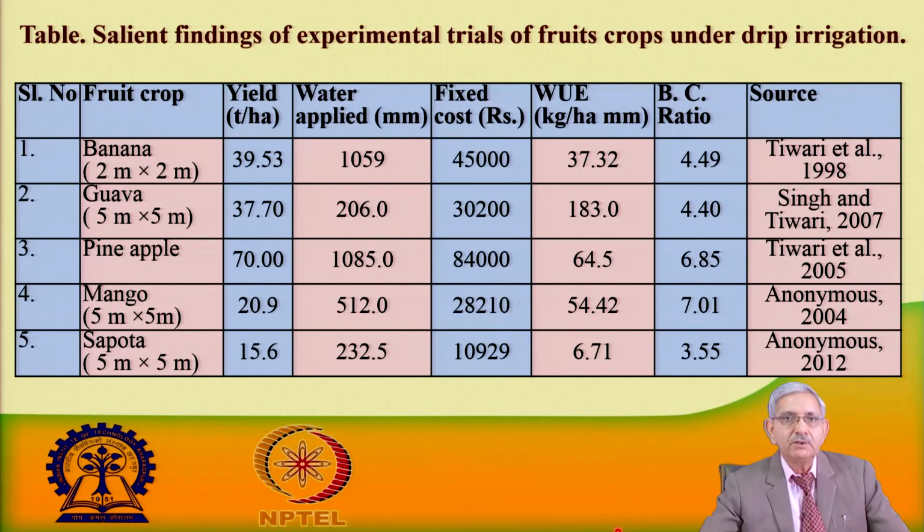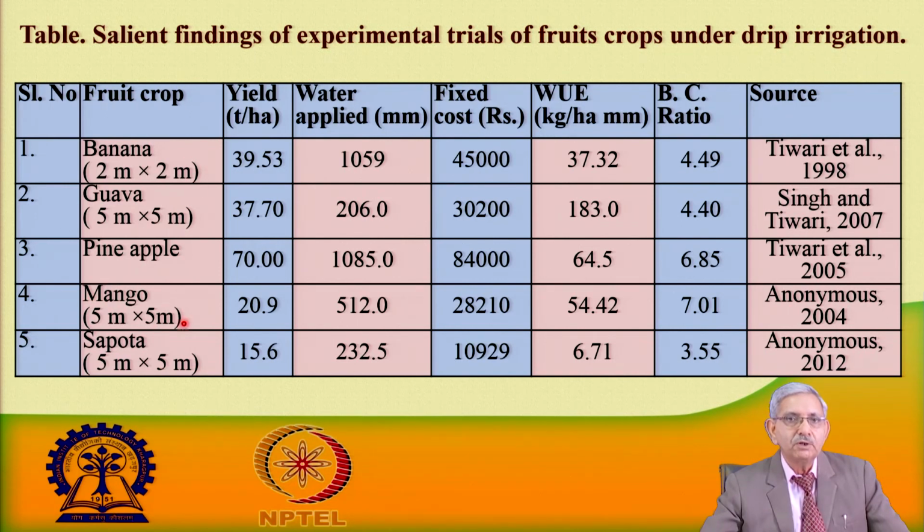Similar studies have been carried out at IIT Kharagpur with the support from the Ministry of Agriculture and Farmers Welfare through the project. We carried out work for banana crop, guava crop, and then pineapple, mango, sapota.